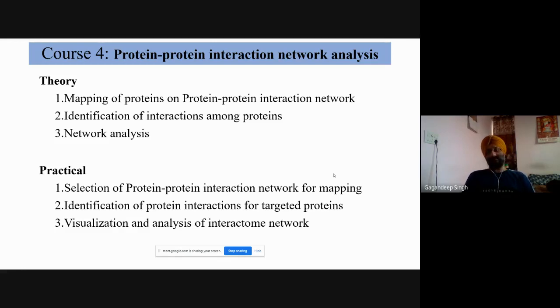This is the importance of protein-protein interaction network. By selecting one protein, how many proteins are interacting with this protein, what is the role of all other proteins, what will be the effect if we generate a drug, and how many pathways can be blocked. By protein-protein interaction network, we can analyze all these things.